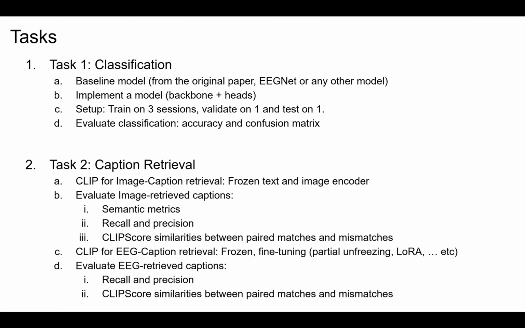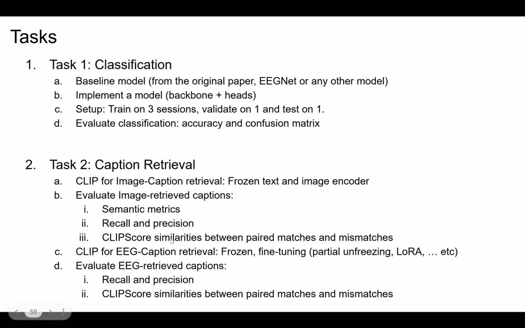For the second task, caption retrieval, you will start by getting hands-on with CLIP for image-caption retrieval, not for the EEG, using frozen encoders, either text or image. You will evaluate the retrieved captions using the semantic metrics that we described: CLIP score or BERT score, recall at class level, and precision.